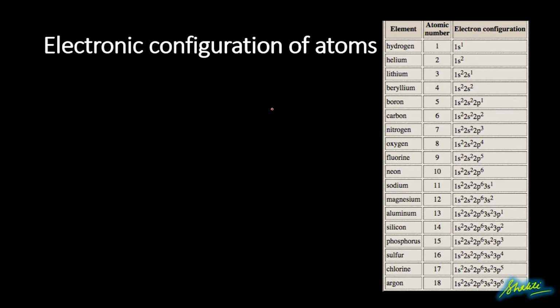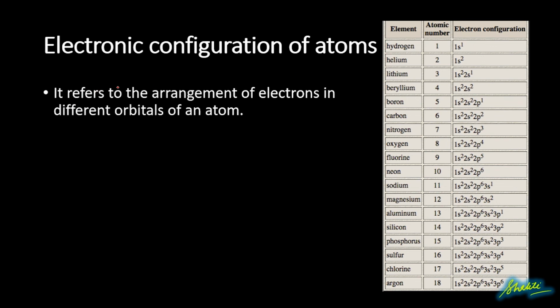Electronic configuration of atoms. So what is electronic configuration? As I have told earlier, it refers to the arrangement of electrons in different orbitals of an atom. Here we see hydrogen, atomic number 1, electronic configuration 1s1. Helium, 2, 1s2.